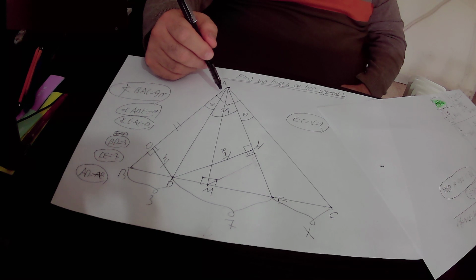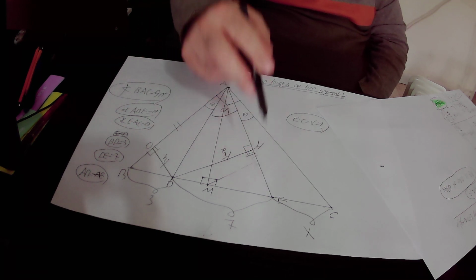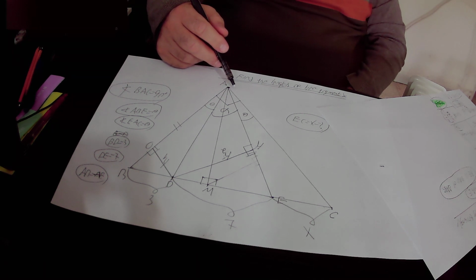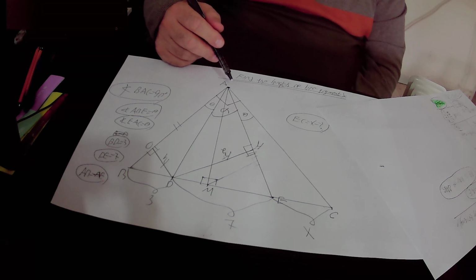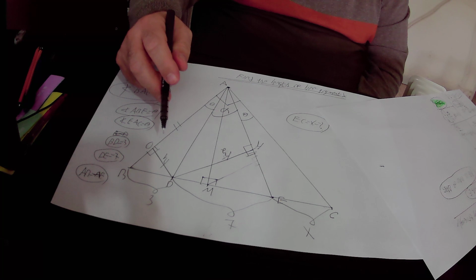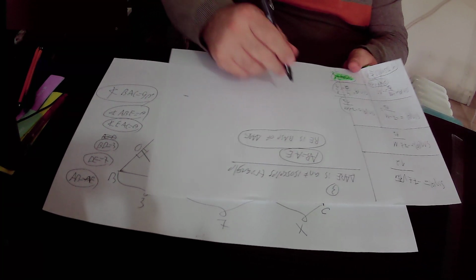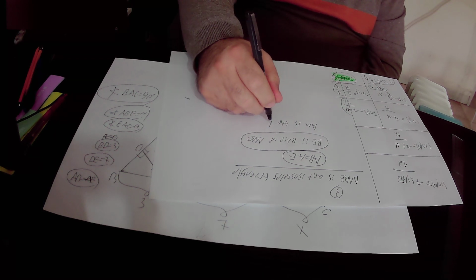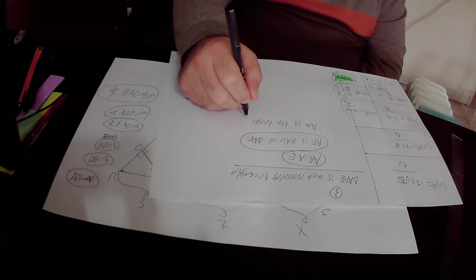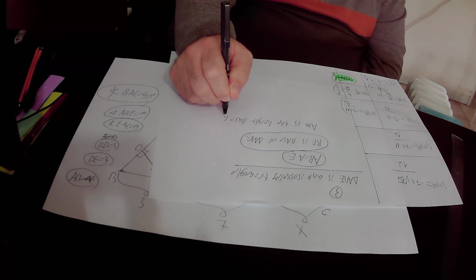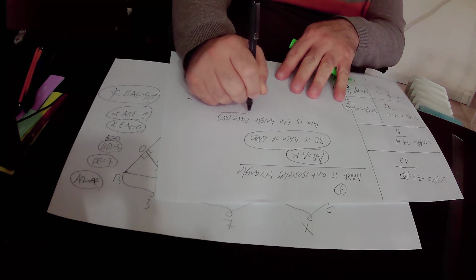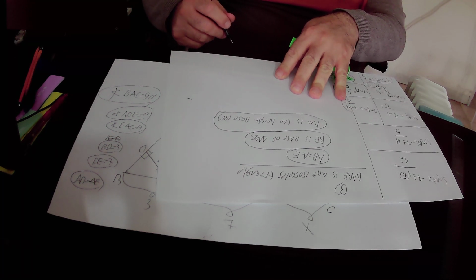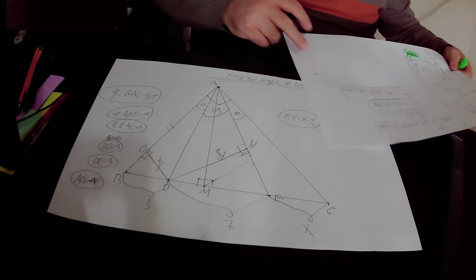Because AM is perpendicular to the base BE, AM is the height to the base BE of the isosceles triangle ABE. And we have rule number 1.